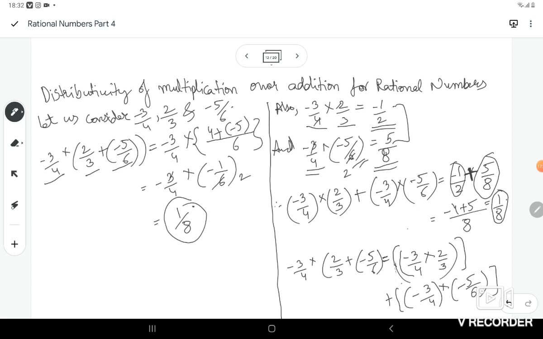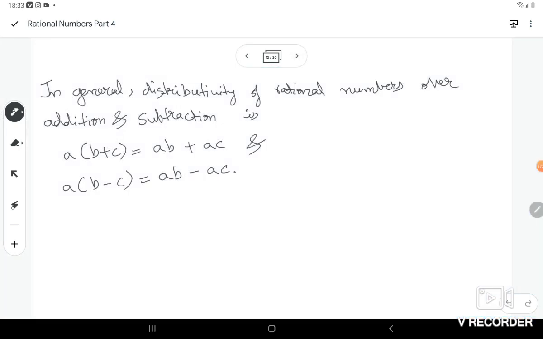So from here we can clearly see that minus 3 by 4 multiplied by the bracket of 2 by 3 plus minus 5 by 6 is equal to minus 3 by 4 multiplied by 2 by 3, plus minus 3 by 4 multiplied by minus 5 by 6. This is a very important property, and we will see solving sums using this property in the later section.